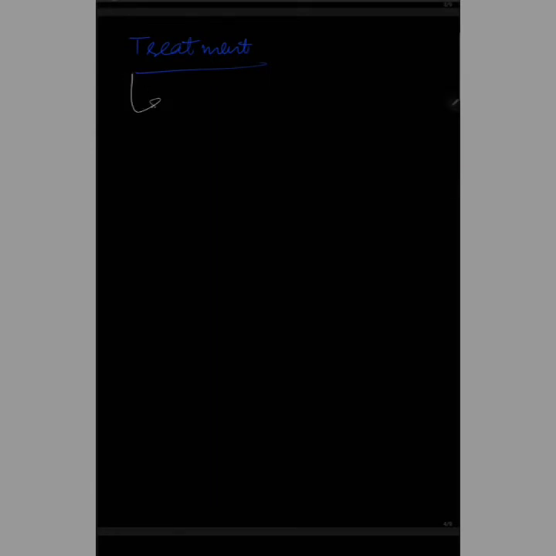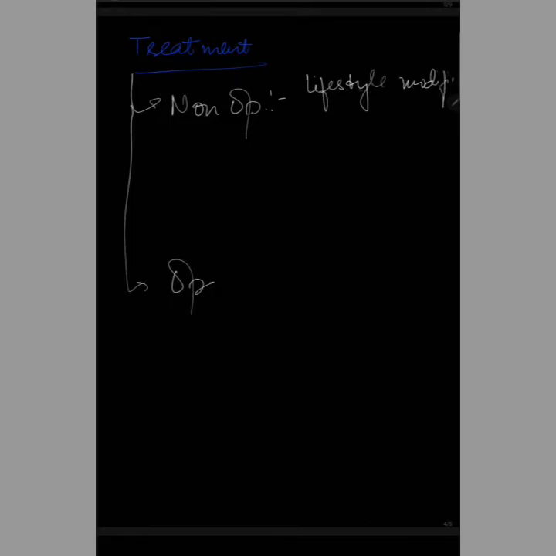The treatment may be divided into non-operative and operative. In the non-operative section, first of all, we have to do some lifestyle modifications so that the patient does not have to stand for long. And if he has pes planus, then we have to give orthotics accordingly. Second is medications like NSAIDs and drugs for neuropathic pain like gabapentin and pregabalin.